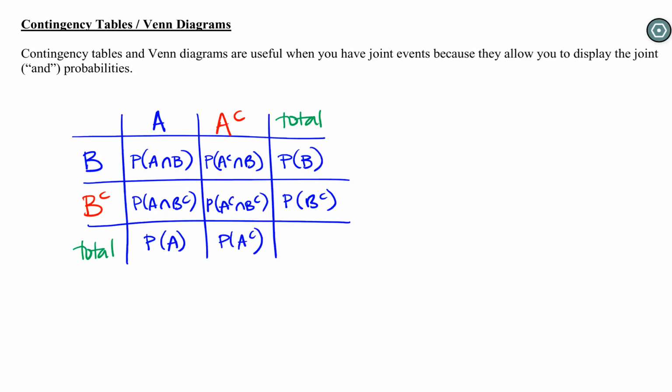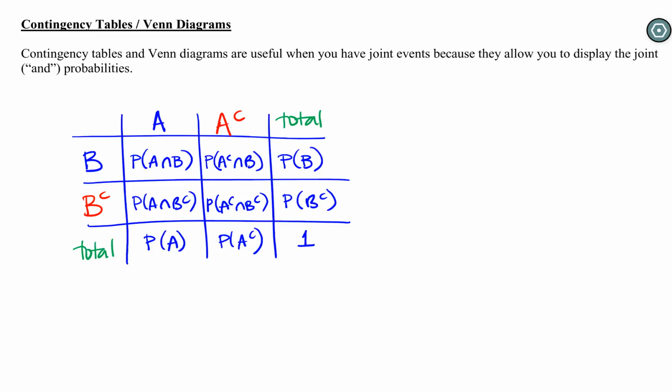If you add B and B complement together, you get everyone, and in a probability sense, that's 100% or 1. So that's our contingency table without numbers, just thinking about the symbols and where they fall. Our contingency table gives us all of the ands and all of the marginals. The only things it's missing are ors and conditionals, but we can get those by using our formulas.